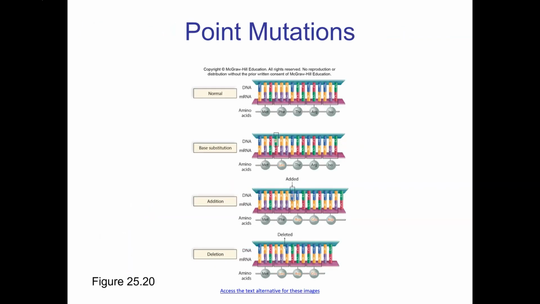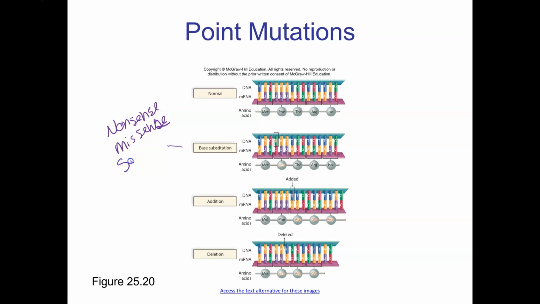So here are the different types, again, of point mutations. This is what our normal DNA looks like. This is a base substitution. There are 3 types of base substitutions. You either have a nonsense, missense, or I'm sorry, that should be an S, huh?